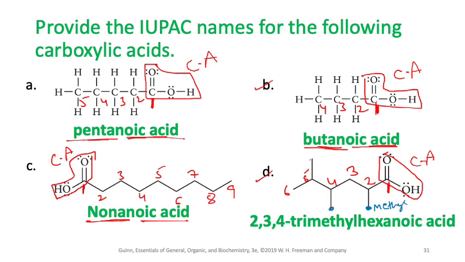Second substituent on the 4th carbon, methyl. And then the third substituent, again methyl. So I can name 2, 3, 4, because on the 2nd carbon, on the 4th carbon, and on the 5th carbon we have a methyl group, and we have 3 of them, trimethyl. How many carbons in the parent chain? 6, hexanoic acid. So 2,3,4-trimethylhexanoic acid.